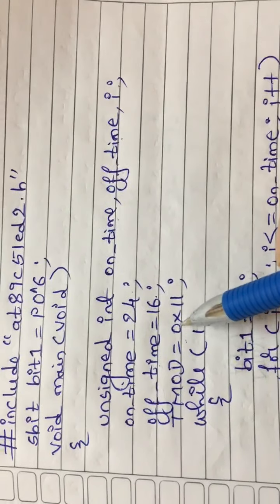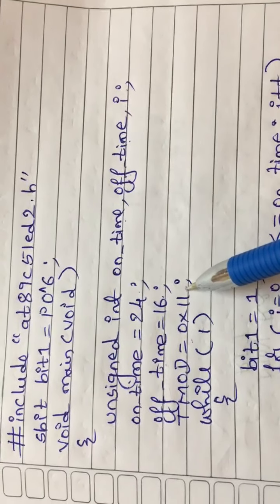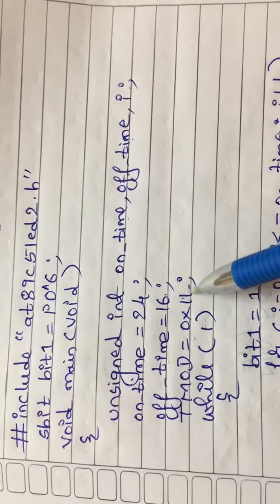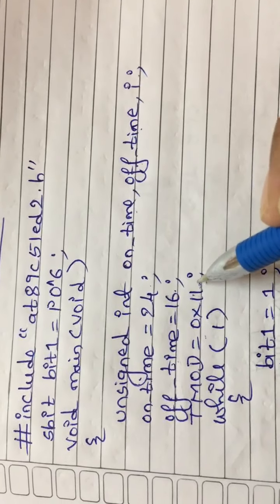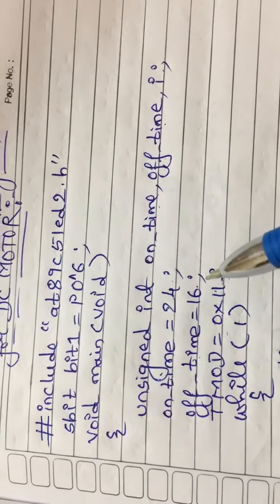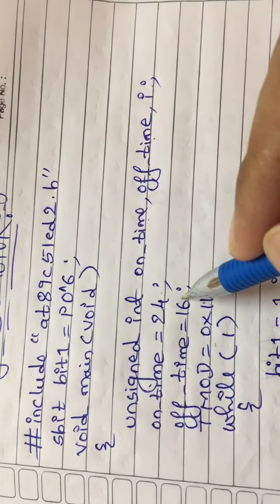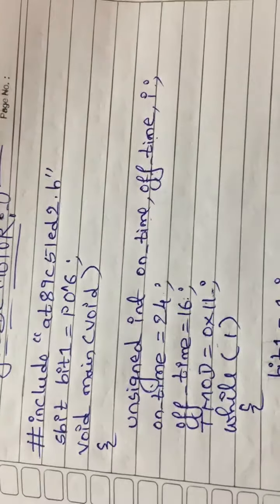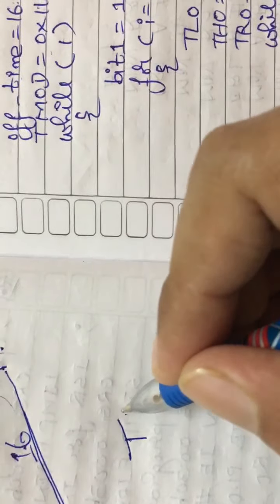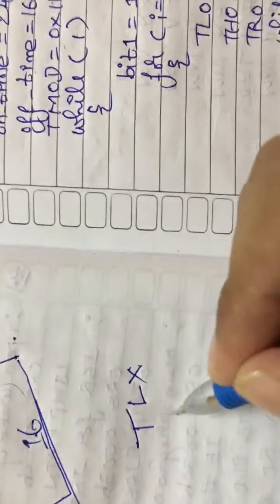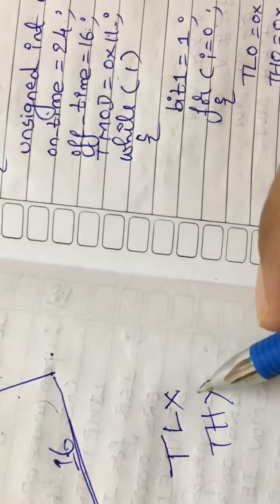TMOD is 0x00, 0x11. So you need to calculate which timer I am using and in which mode we are, and take the value of 24 and 16 inside the timer, and calculate the value of TLX, THX.